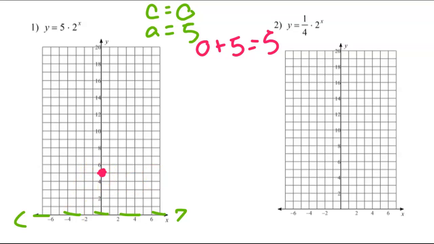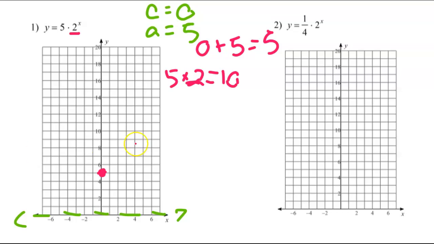Now we're going to need to work on getting the rest of the points. To do that, we are going to take the initial value and multiply by b. So b is 2. My next point would be 5 times 2, which is 10.